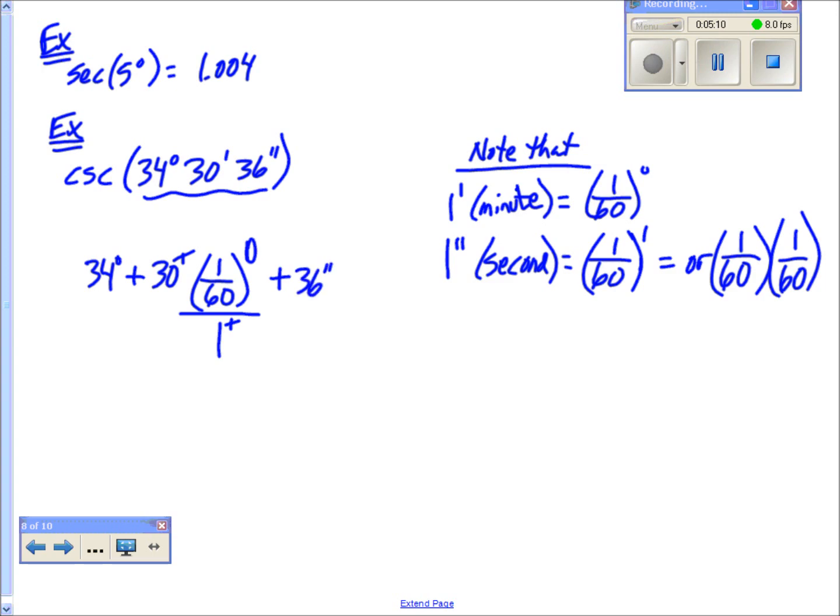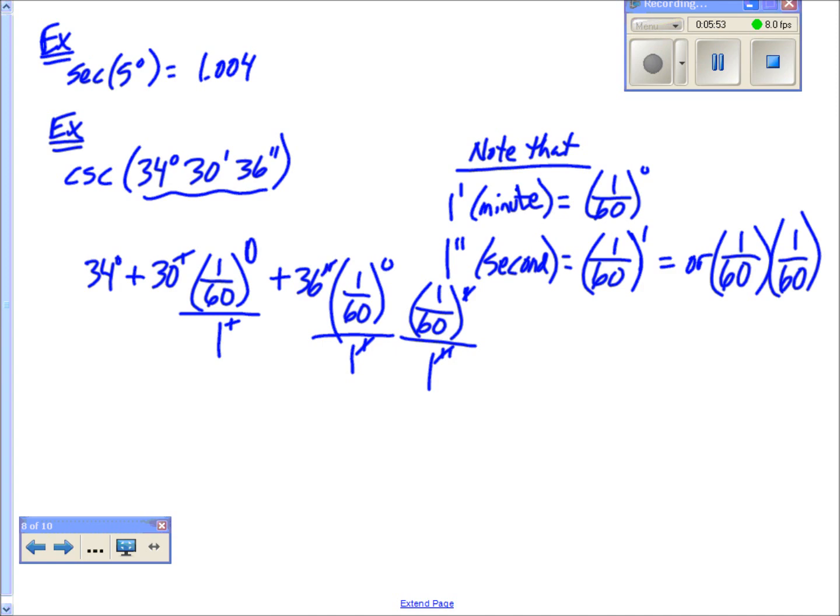Well, there's 1/60th of a degree for every minute, and there's also 1/60th of a minute for every second. Notice your minutes cancel, your seconds cancel, don't they?